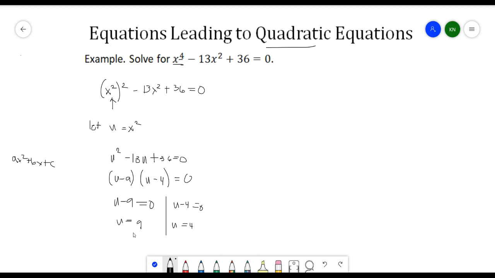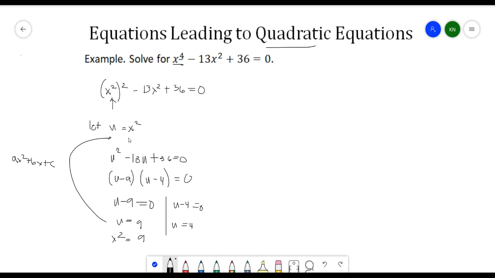So afterwards, as you can see, 9 and 4 are not yet the roots of our equation. We need to go back to the values that we let.